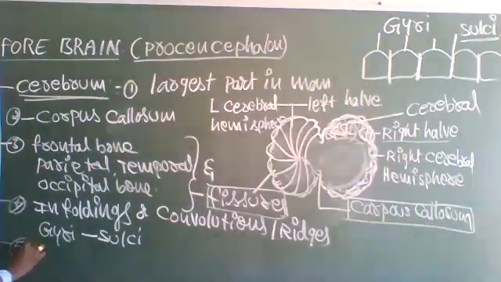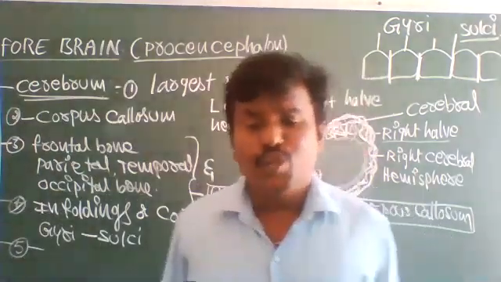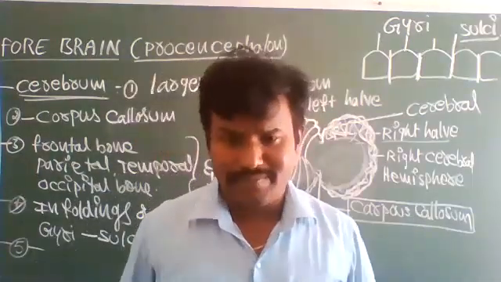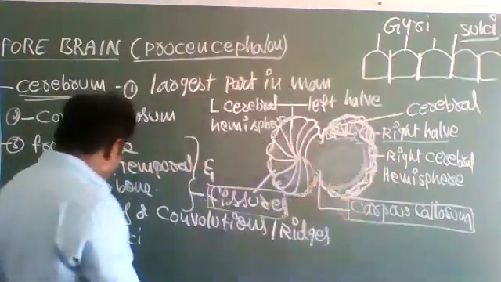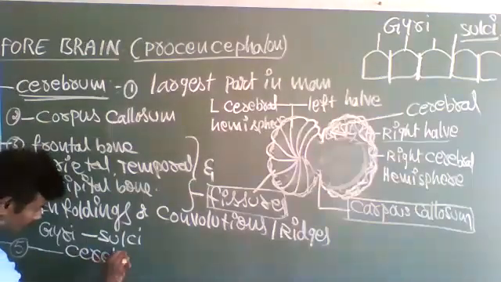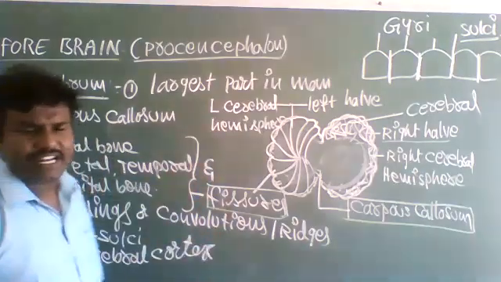The outer surface of the cerebral hemisphere has numerous bundles of neurons. This surface is called the cerebral cortex.